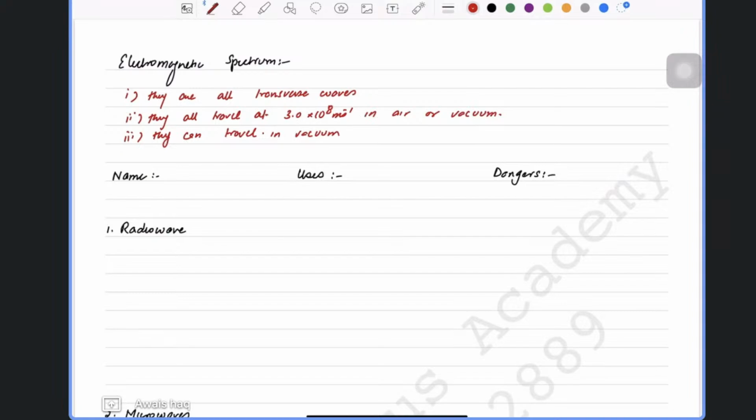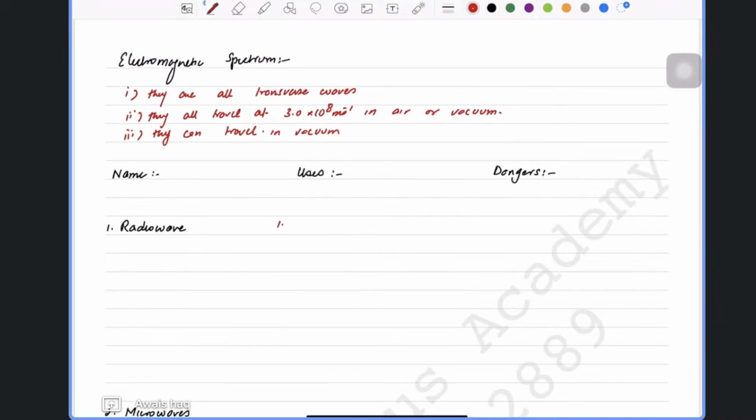Radio wave is basically used in radio and television transmission. They're also used in astronomy, and we generally use them to study the stars or other planets where the light is coming from.